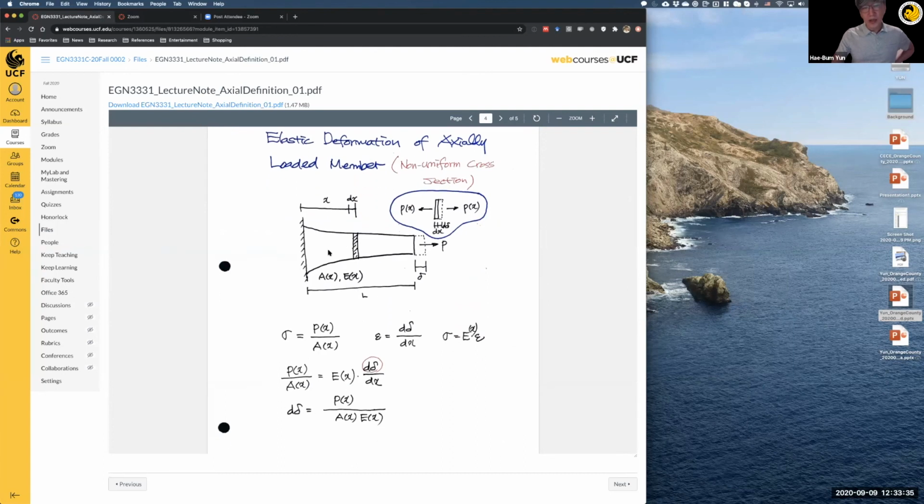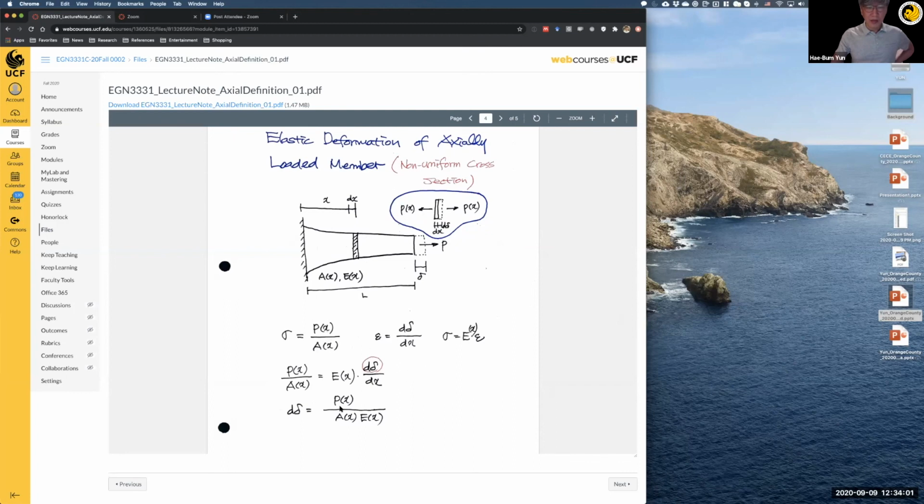Which means that depending on the location x, your material can be stiffer or softer, okay? But the same thing, we have sigma equal to P over A, but now these are functions of x.